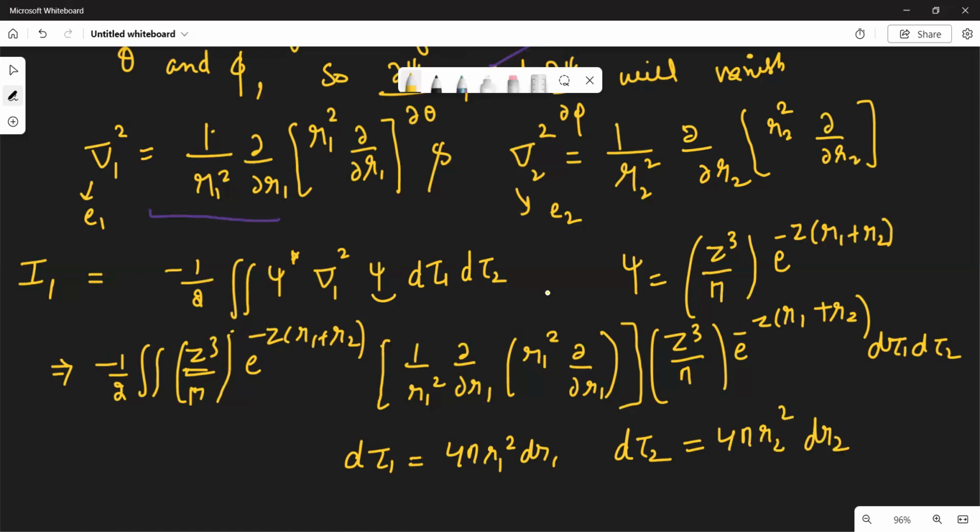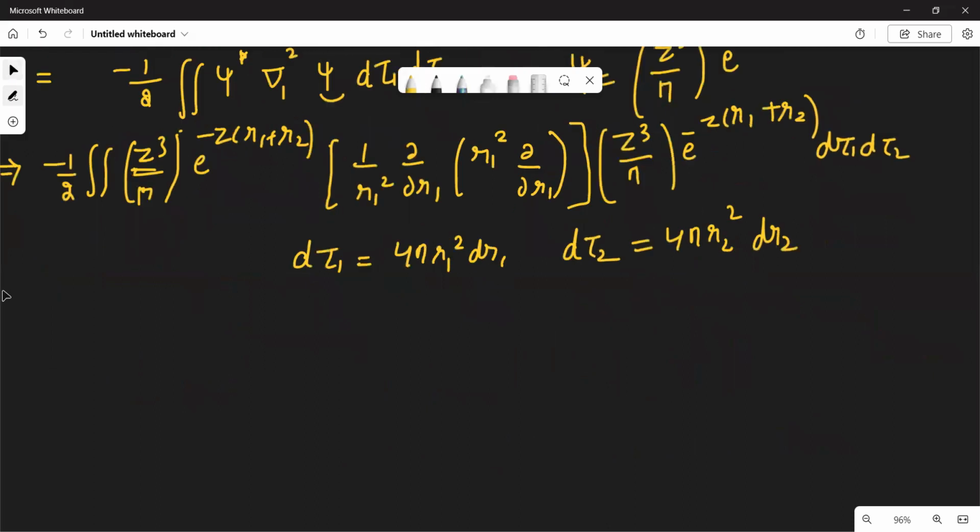Okay, so we will substitute d tau 1 and d tau 2 by these expressions or values.